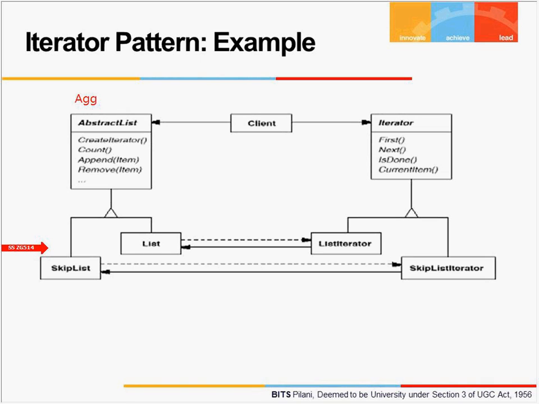If you see here, my abstract list aggregate interface has the most important method, which is createIterator. Additionally, it has more methods: count, find, and remove. The concrete aggregates which implement the abstract list provide implementation for all the methods listed by the aggregate.